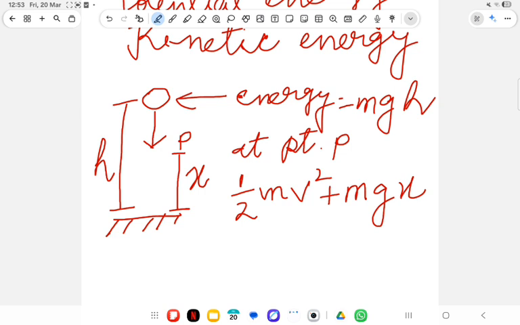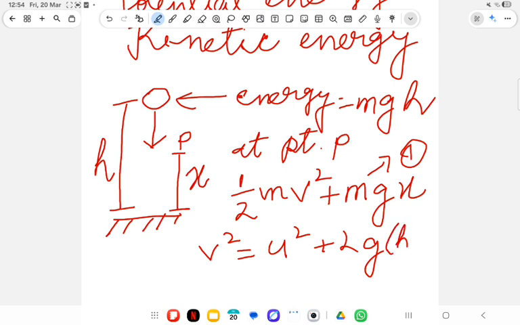So here we need to first calculate the v using Newton's equation of motion. Let's consider it as equation 1: v square equals u square plus 2g(h minus x).